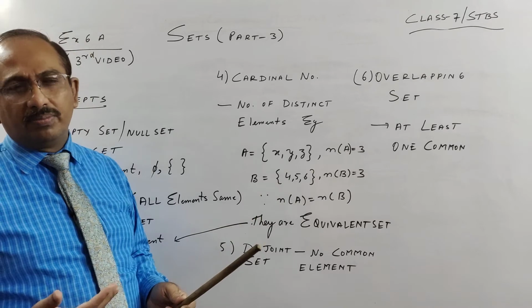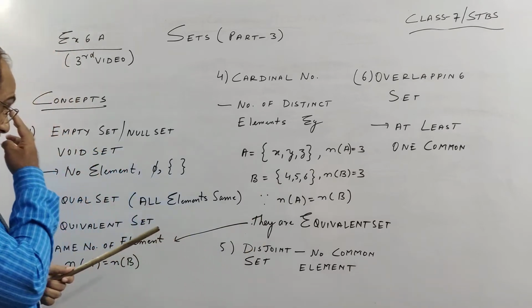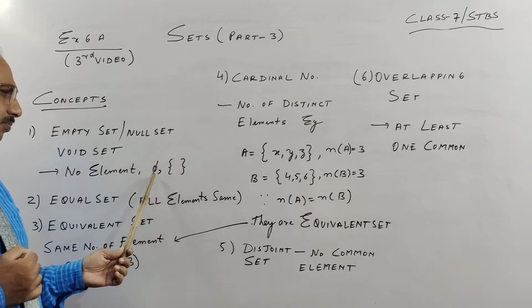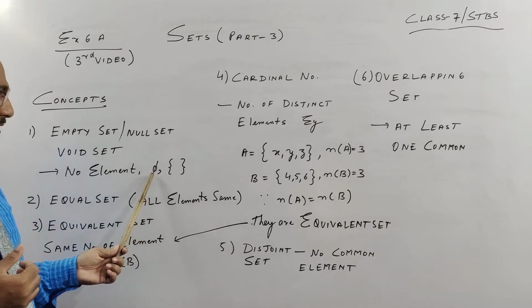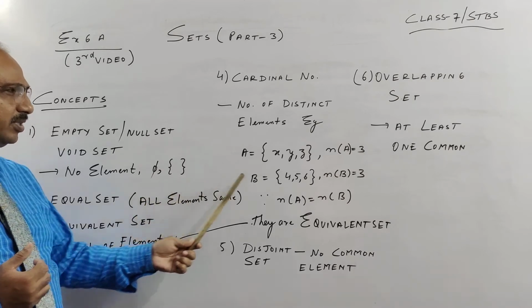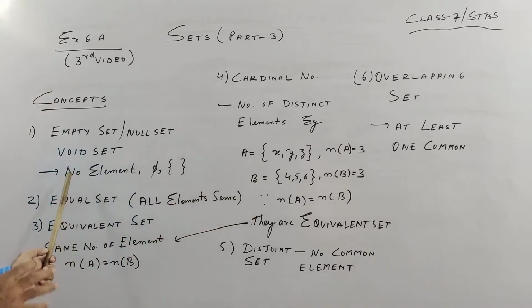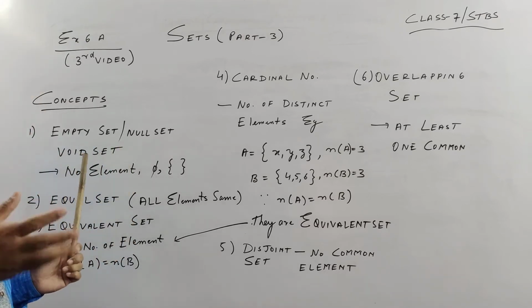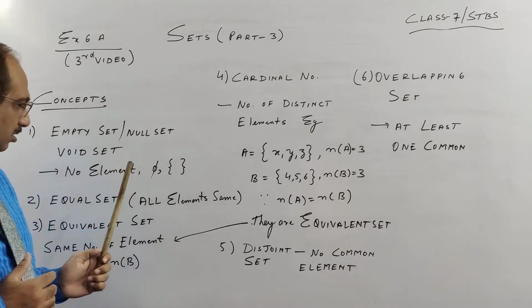Braces is actually the middle bracket, what you have seen in the BODMAS rule. Now empty sets have no element, so they are represented by a symbol called phi, or just braces without anything inside. So they have no element. Empty means nothing, null means nothing, void means in English language nothing.